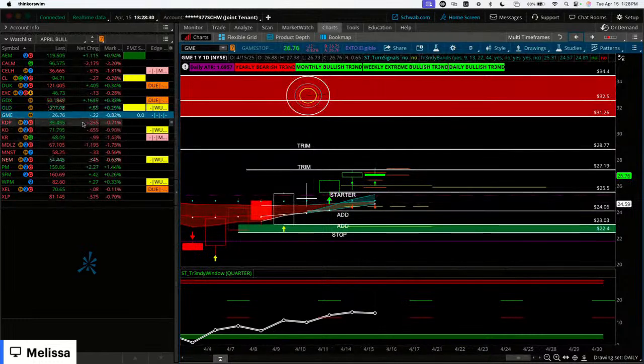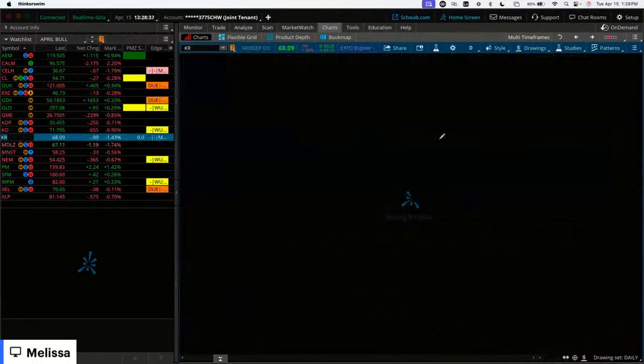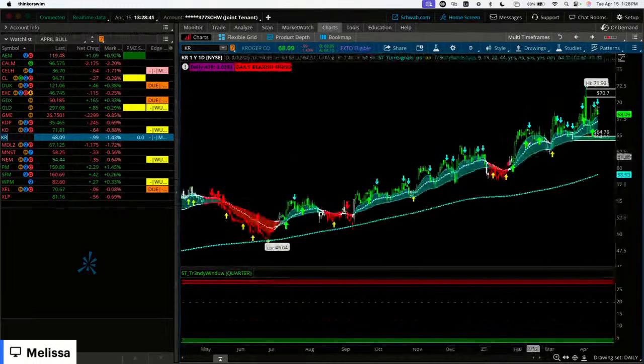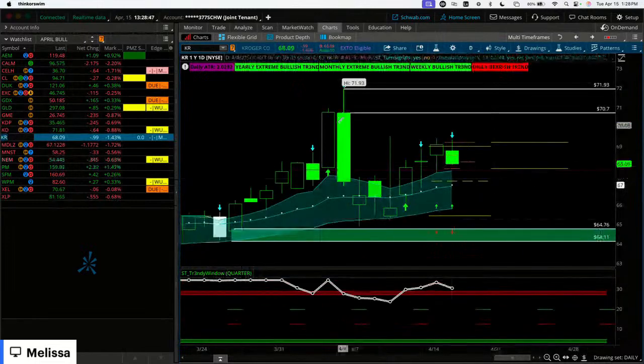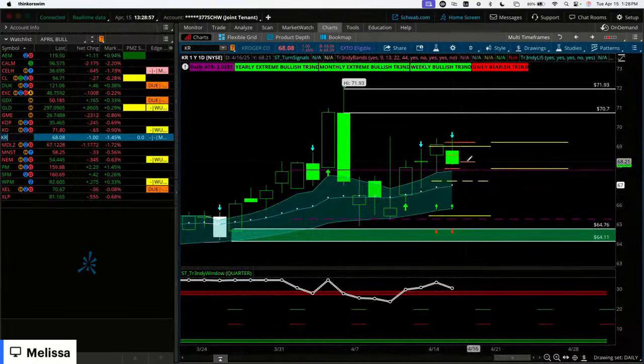All right. Let's see what else. Kroger. Kroger's getting a nice pullback today, but I think it's pretty far from a demand, but it has that rounding bottom look too, and you're getting a pullback or a cup and then potentially a handle here.